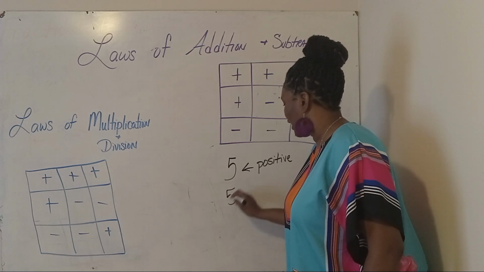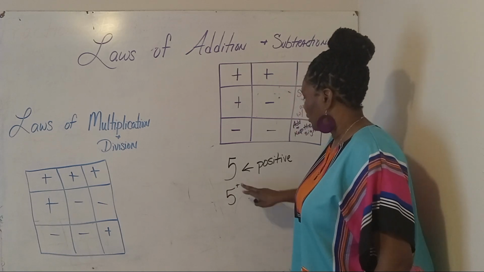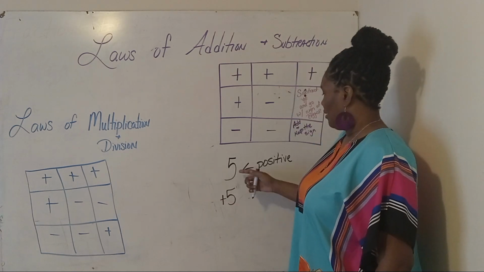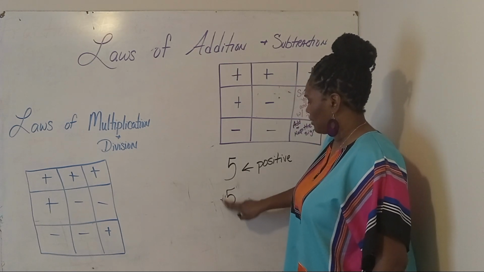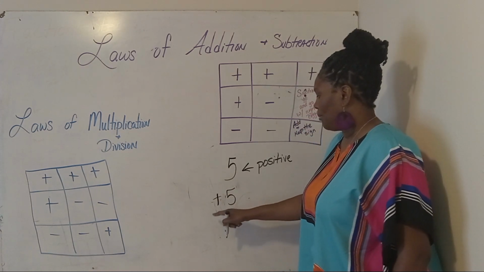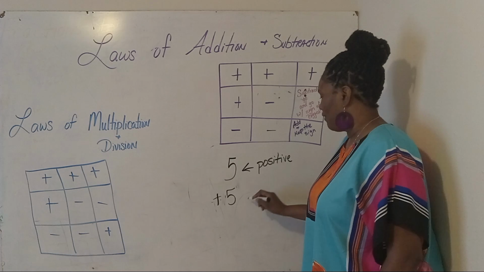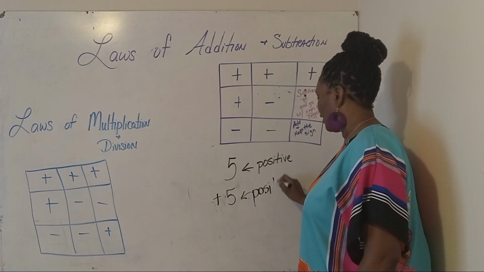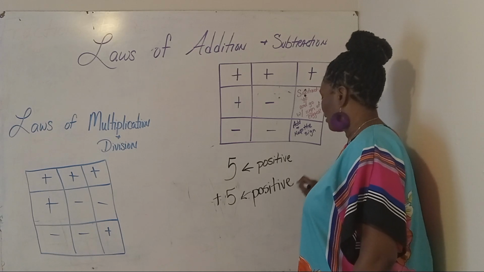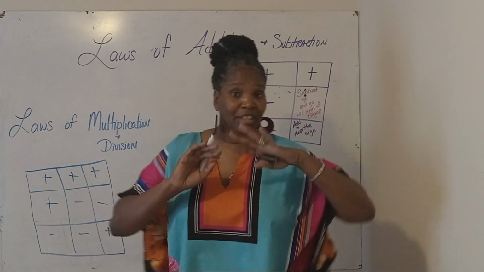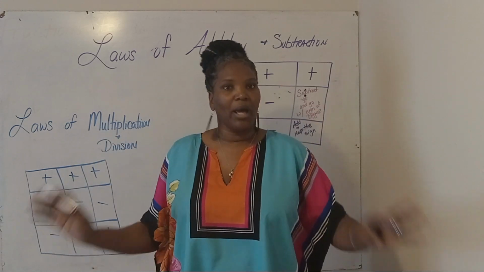This is the same as plus 5. That's positive. If you see a number like blank plus 5, that number right there is positive. Okay? I need you to know that. So if a number is just by itself, it's always positive.